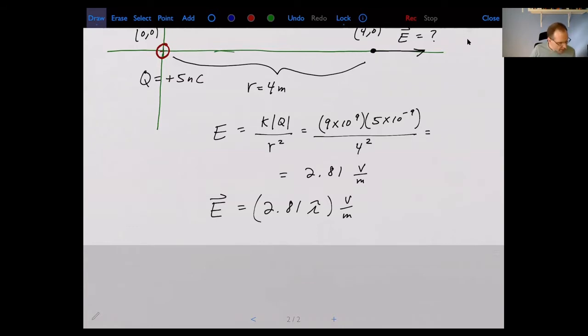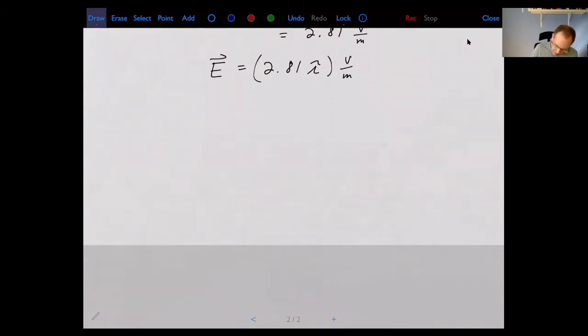Okay, and again, if you had a negative charge, then the magnitude of the electric field will be the same as if you had a positive charge, but the direction is different. So now the direction will be pointing towards the negative, right?